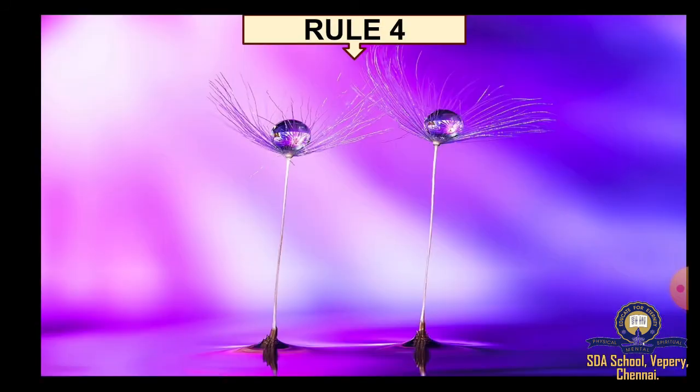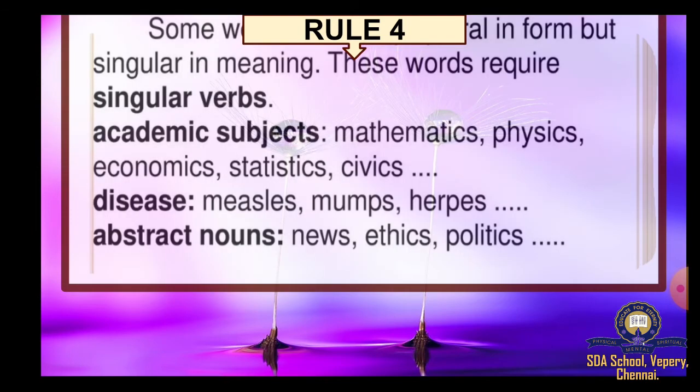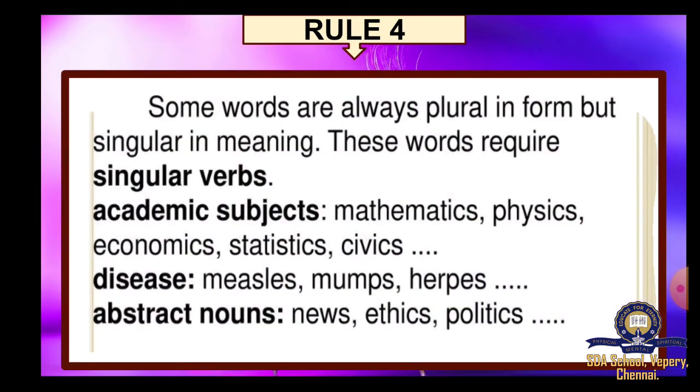So moving on to the fourth rule. Some words are always plural in form but singular in meaning. Those words require singular verbs. So let's see the examples, like mathematics, physics, economics, that is the subjects, or diseases like measles, mumps, or like news, politics and all.